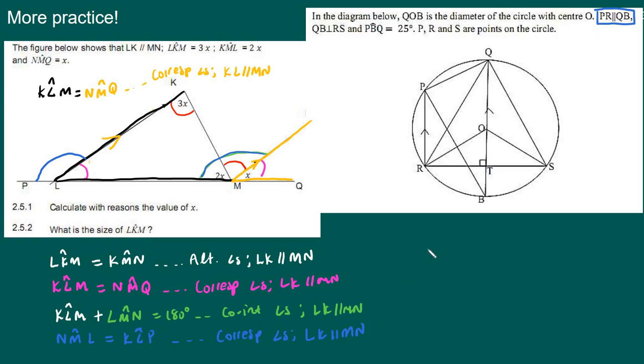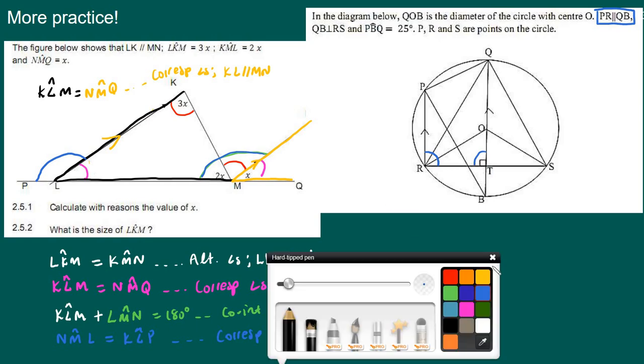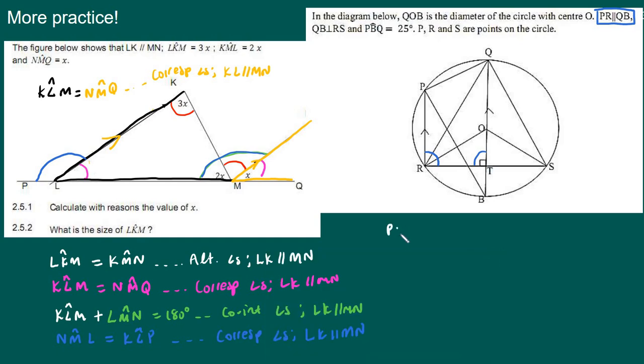Since line PR is parallel to line QB, angle PRT plus angle QTR equals 180 degrees.